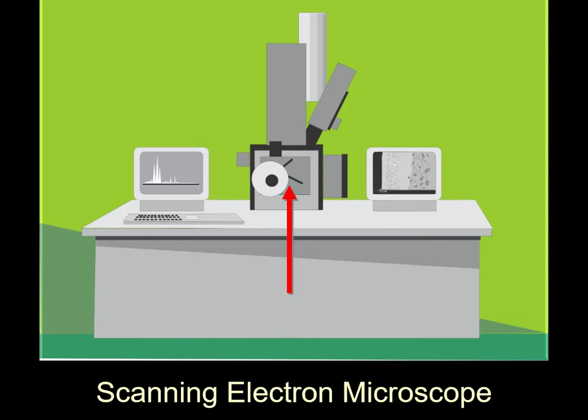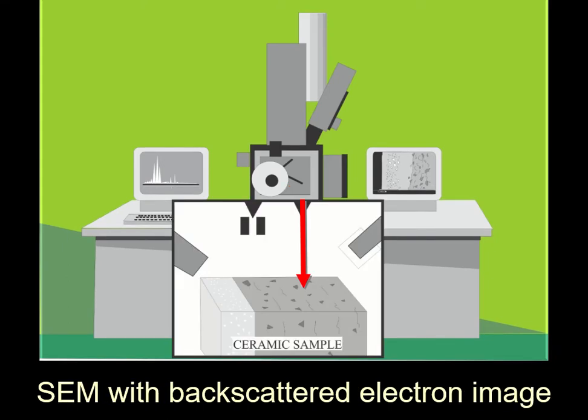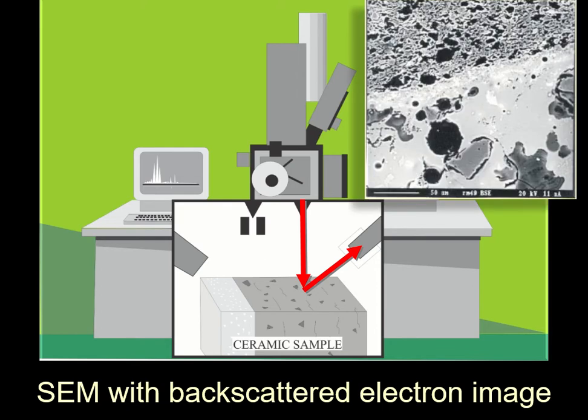And in that you put the sample inside the device. There it is. And one thing you can do is bombard it with electrons, which scatter back to create images. And the images are created by how much backscattering there is.